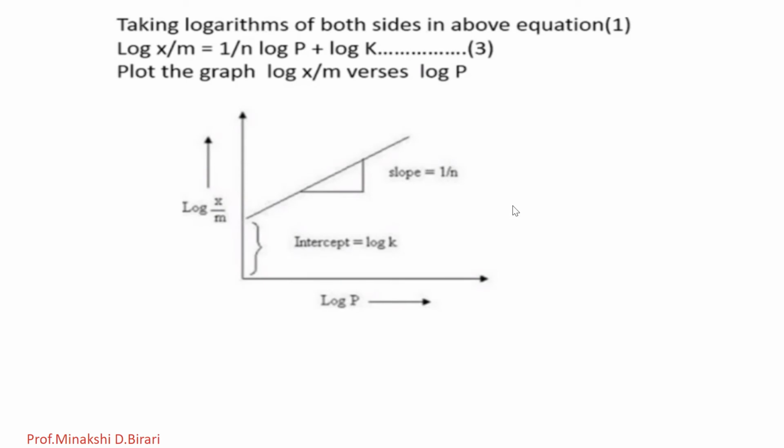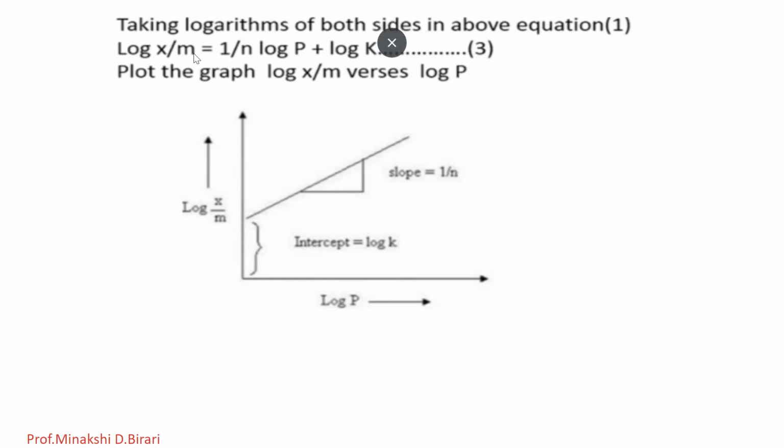Then by taking the logarithms of both sides of equation 1, we get log(x/m) = (1/n) log p + log k. Plot the graph of log(x/m) versus log p.